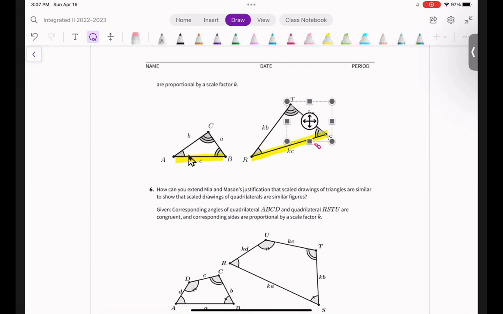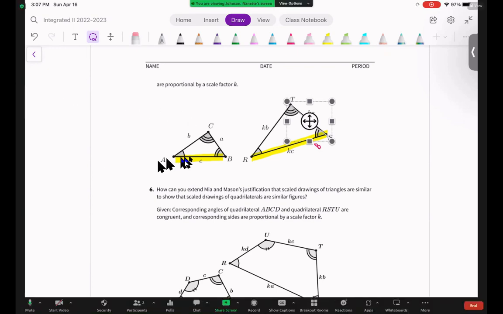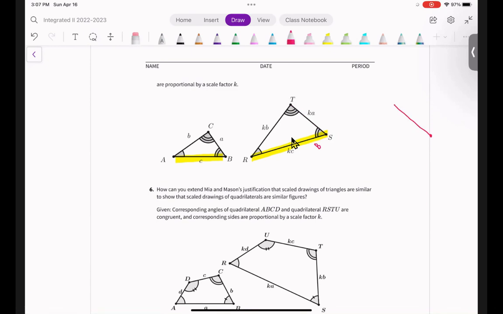And so the answer here is yes. You can translate A so that it sits on top of R. And since the angles are congruent, this guy here, remember I had him here. So this guy here, I will call him C prime.